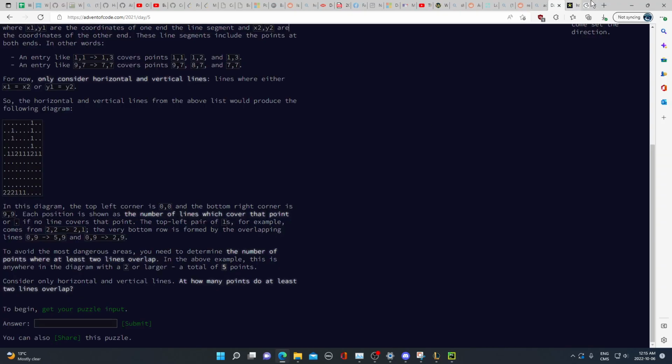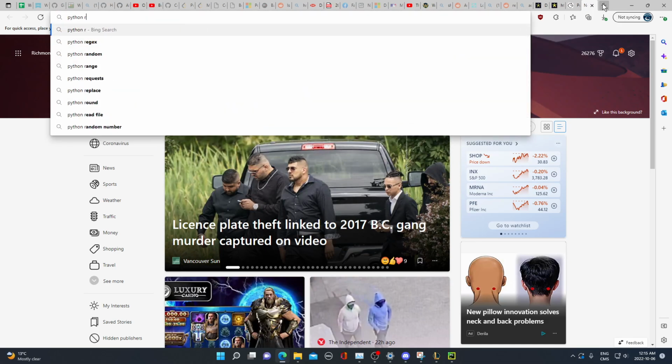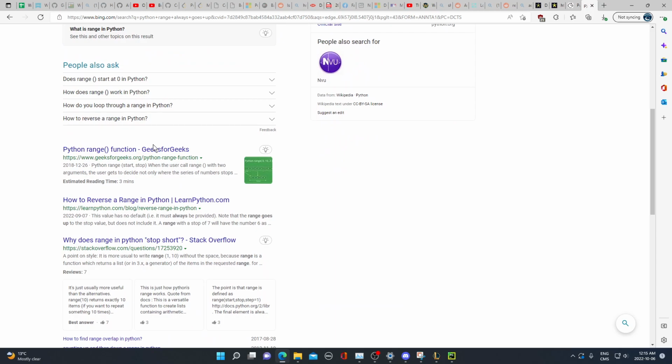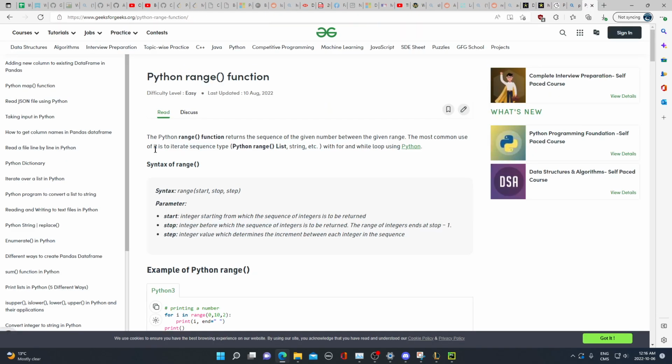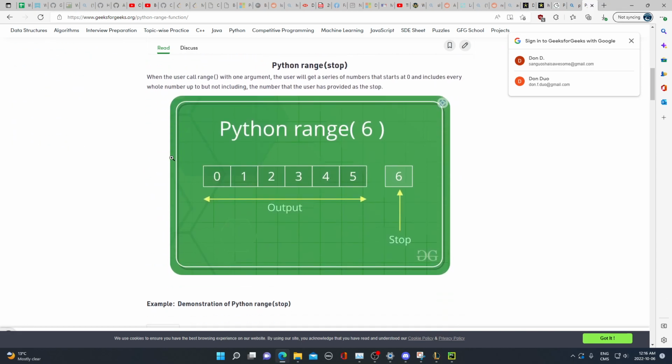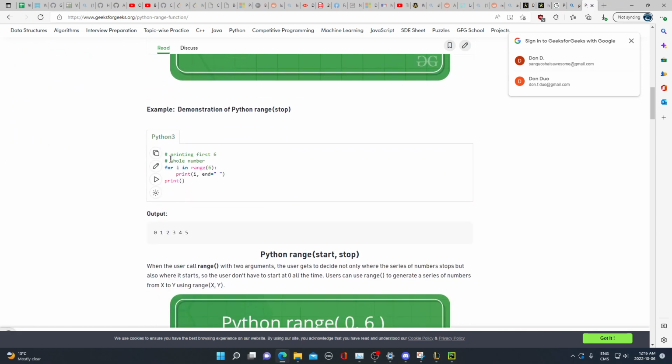Maybe we can search it up actually. Python range always goes up. I don't think it's smart enough.